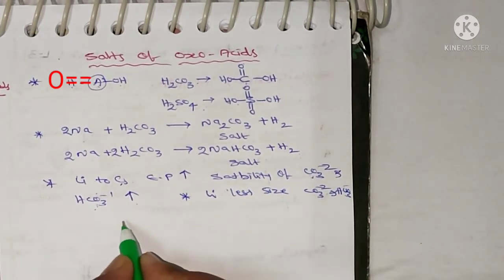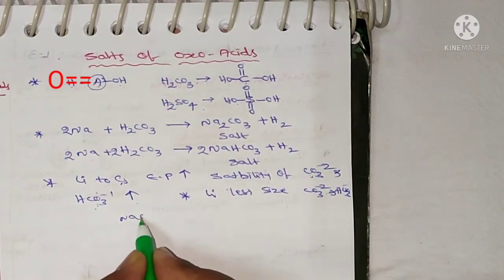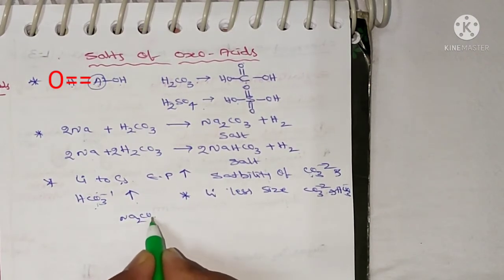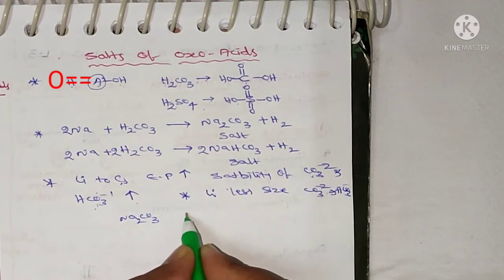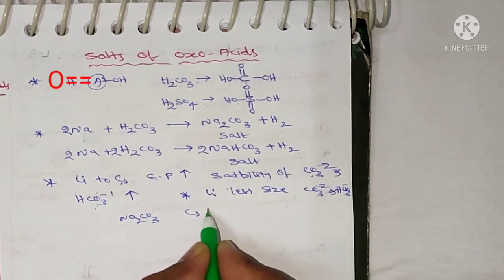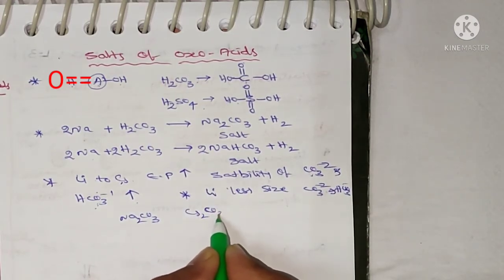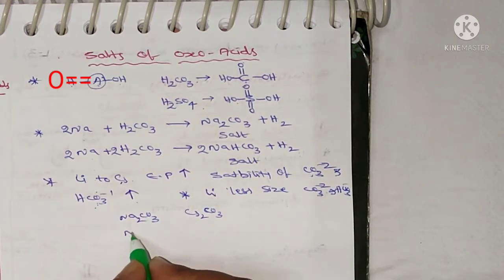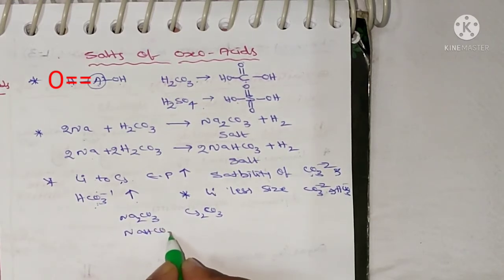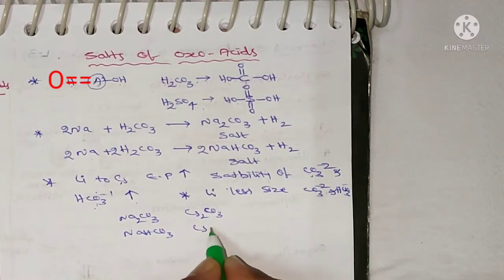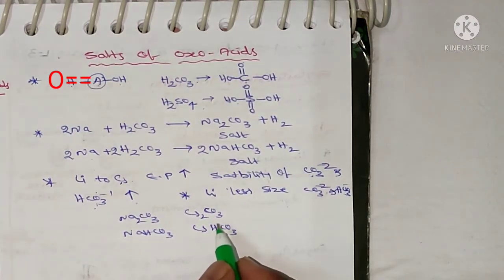For example, if I take sodium carbonate and cesium carbonate, and sodium bicarbonate, cesium bicarbonate, going from top to bottom in a group, electropositive character increases.